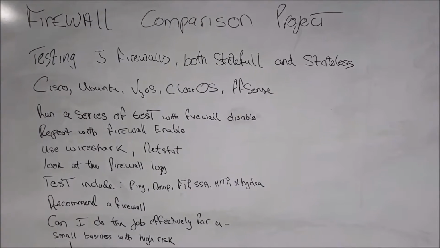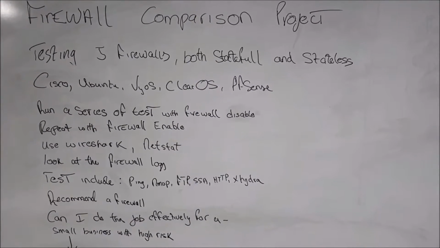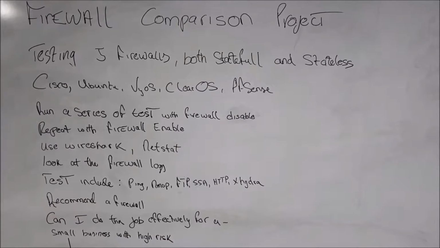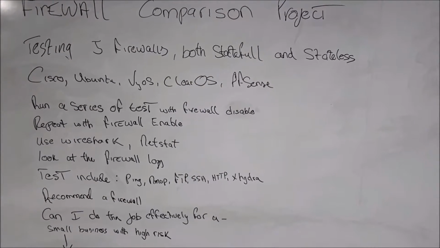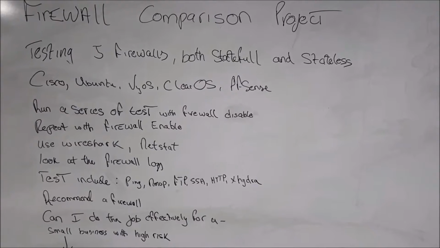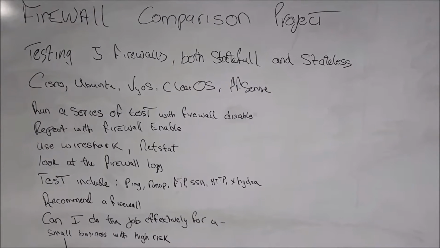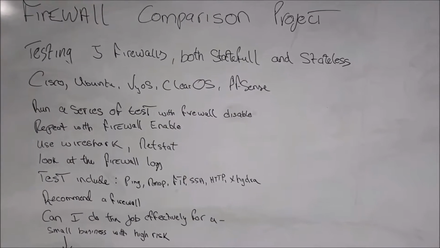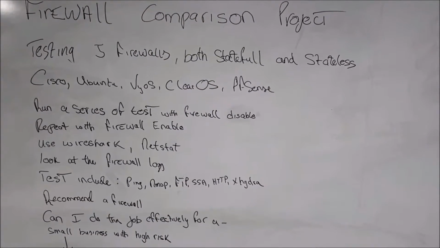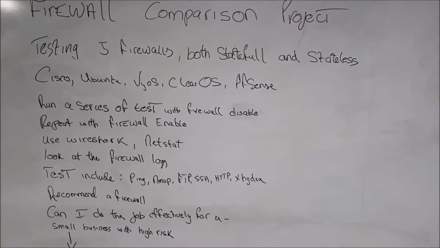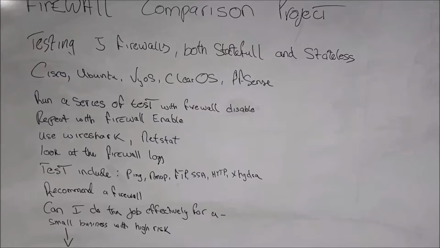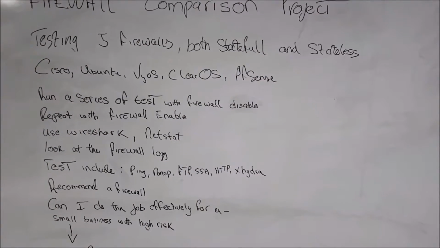Stateless means they're not aware of any patterns, and they can block or deny traffic based on source and destination IP address. Stateful firewalls, on the other hand, are aware of certain patterns because they hold a memory.